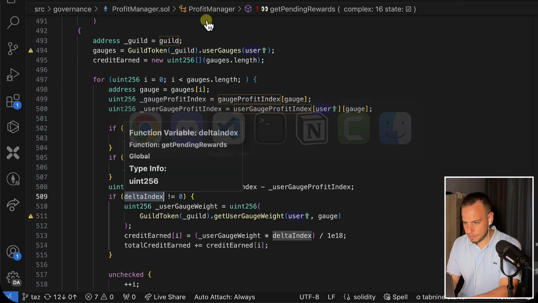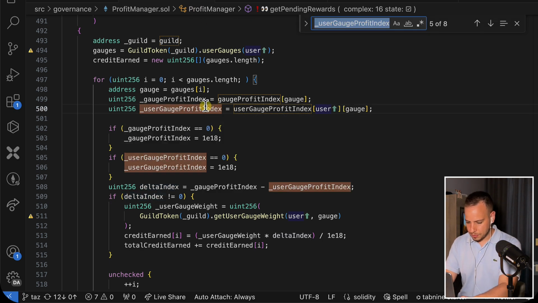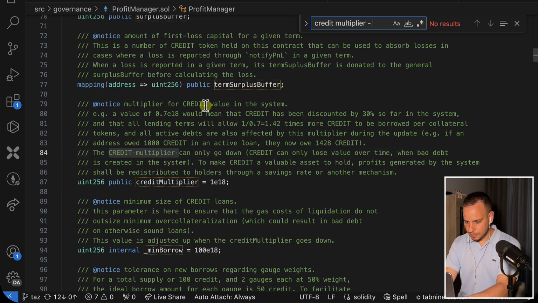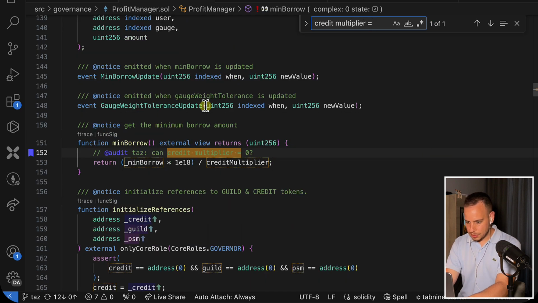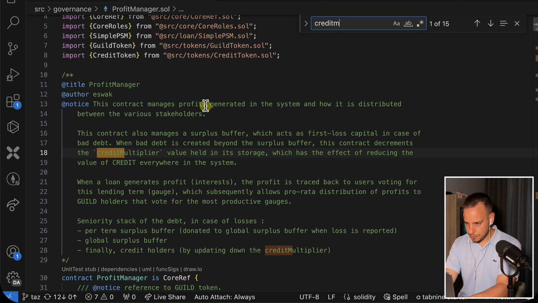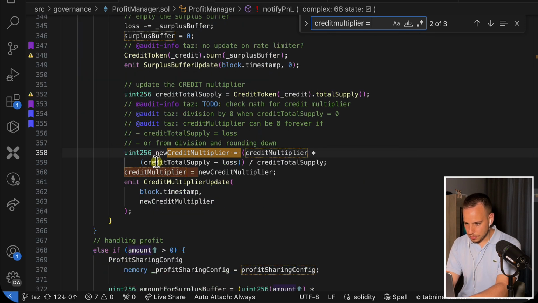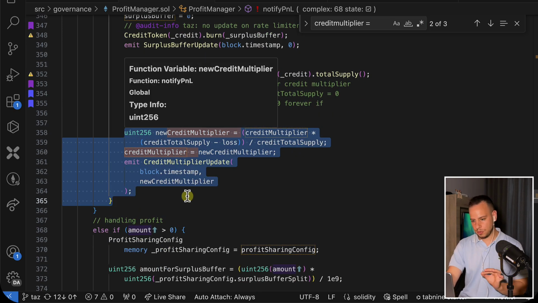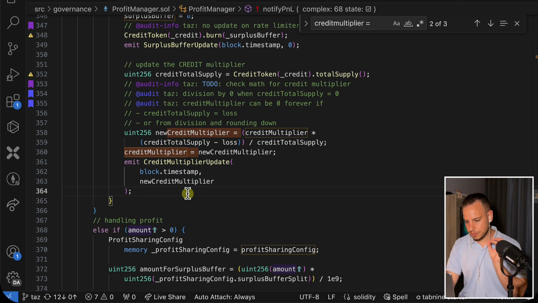I think it's Profit Manager, if I'm not wrong. Yeah. Credit multiplier equals... This one. This is the only place in the whole protocol where credit multiplier is being updated.